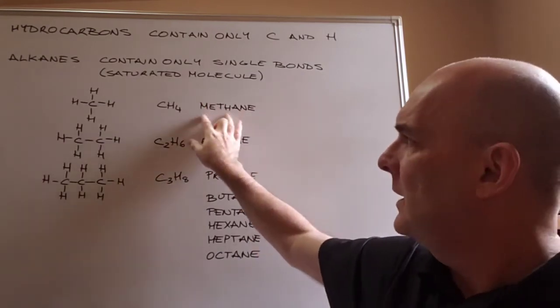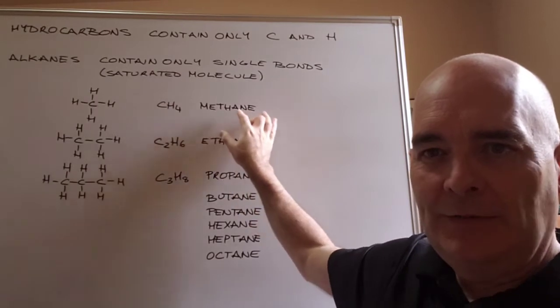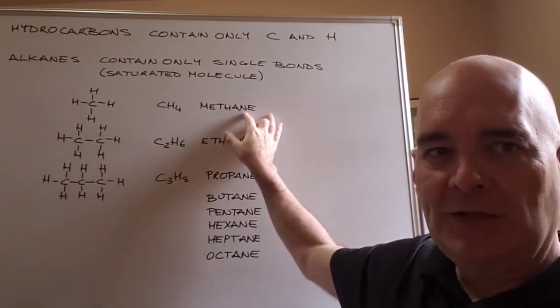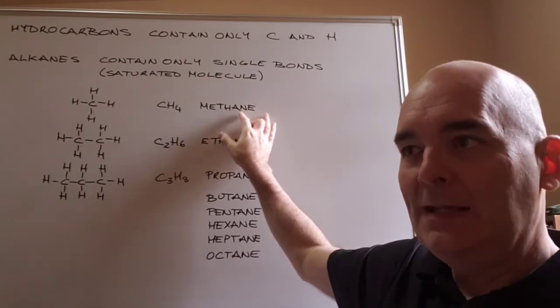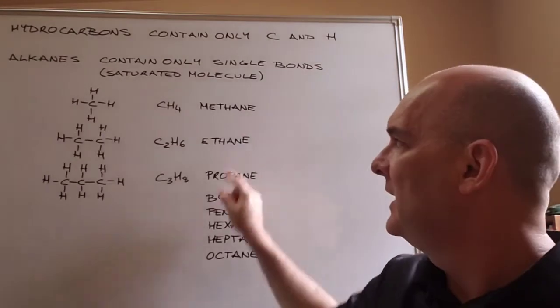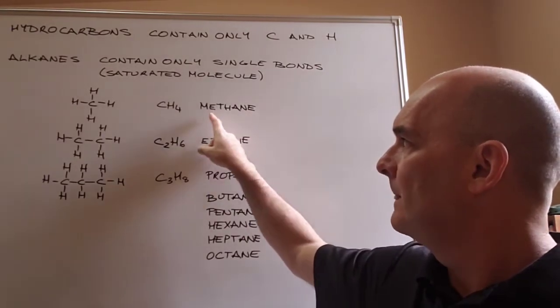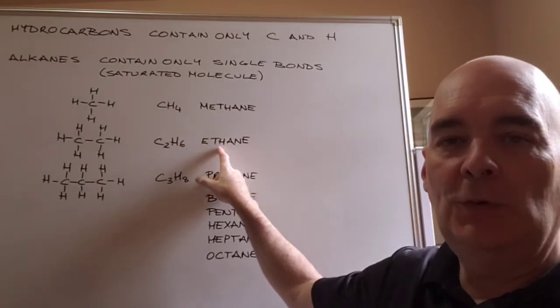The first part of the word tells us the number of carbons. The second part of the word tells us what family this molecule belongs to. Anything that is an alkane, contains only single bonds, ends in ane. Meth means 1 carbon. Eth means 2 carbons.